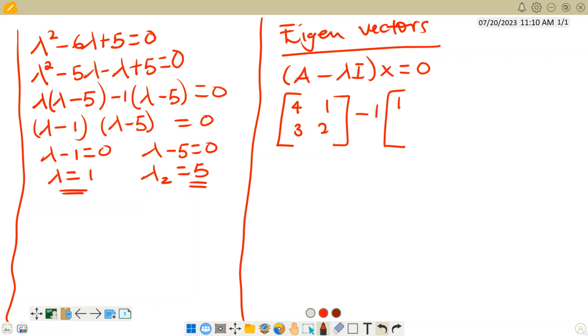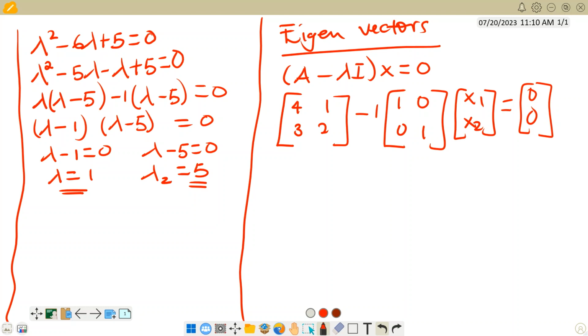Then we have an identity matrix 1 0 0 1. This multiplied by x1 and x2, we know that should give us 0. Okay, so practically this will be 4 1 3 2 minus the identity matrix, as we still have this at the end of the day.